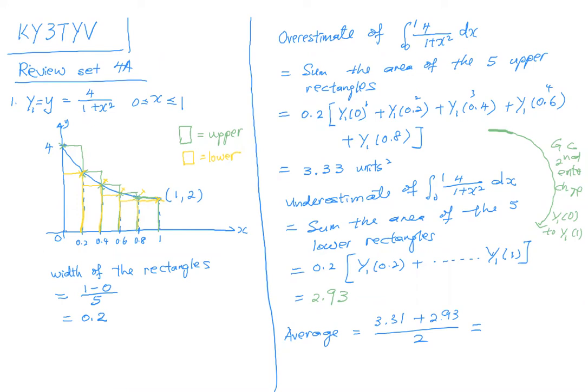Can someone give me the answer? 3.12. So what is the value of pi? 3.142. So you see, very near, am I right? So that is how sometimes they ask you to compare.